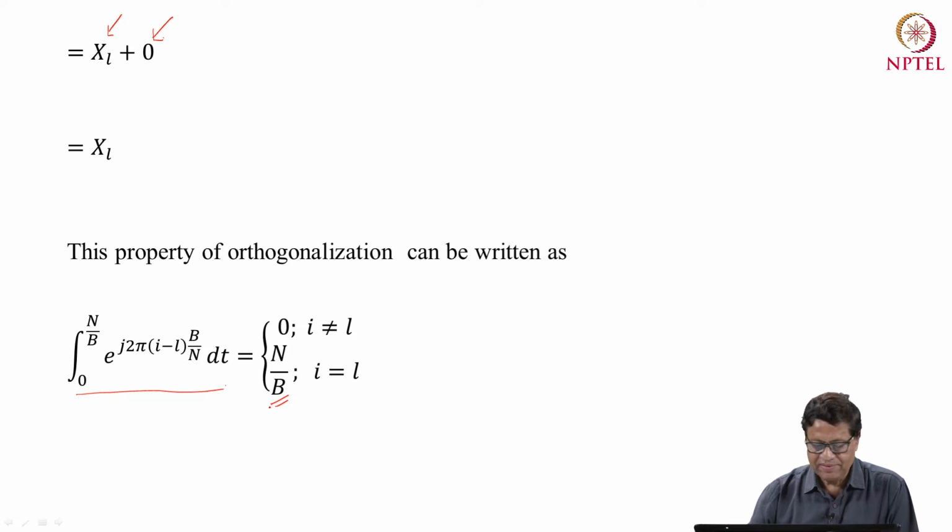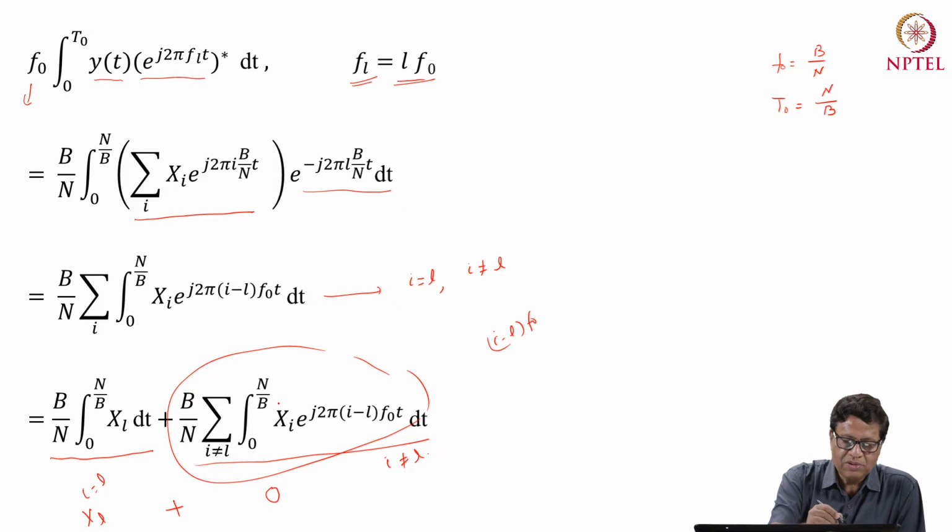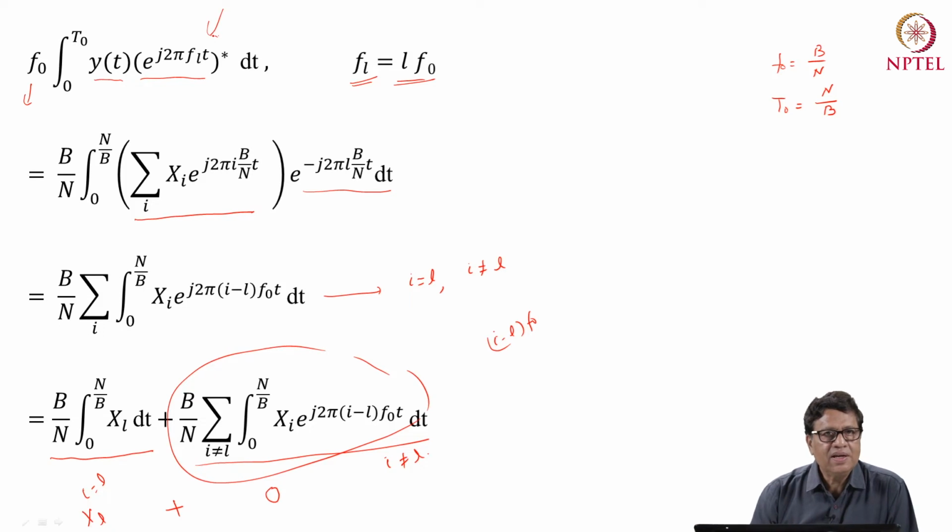So actually what we have done earlier is we have multiplied this by the conjugate. So basically I have done a coherent demodulation. That means I have taken a frequency fl and I have coherently demodulated the composite signal, and I am able to recover XL.